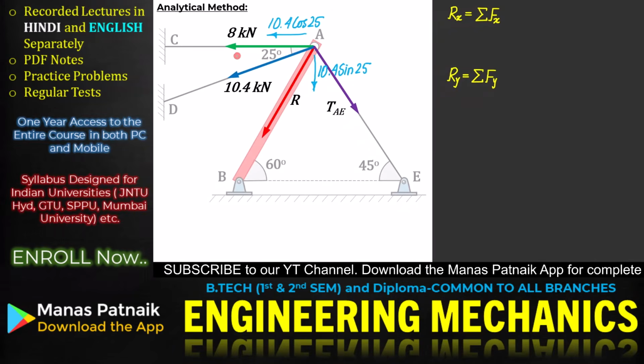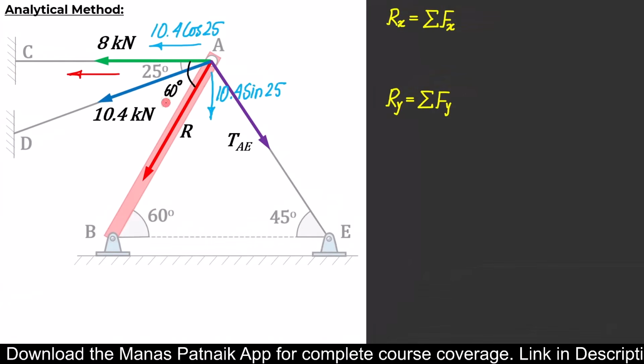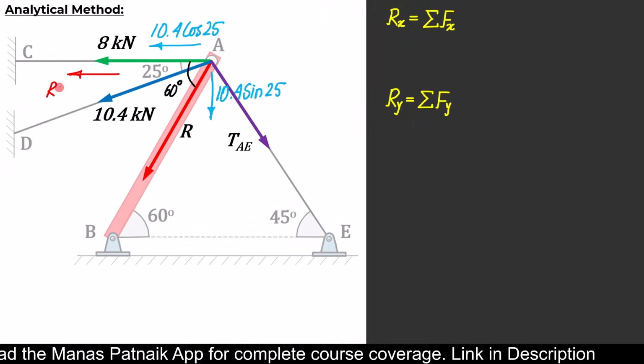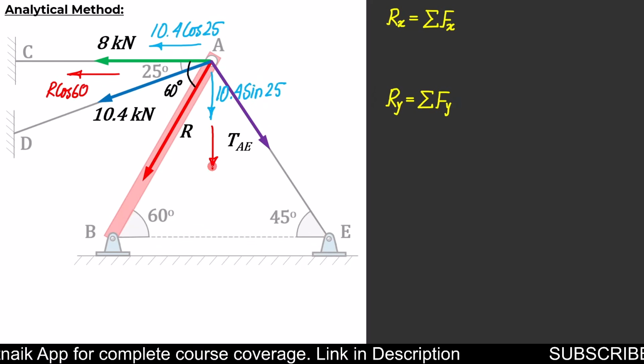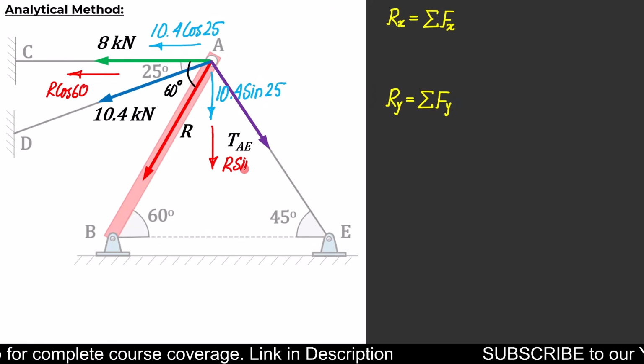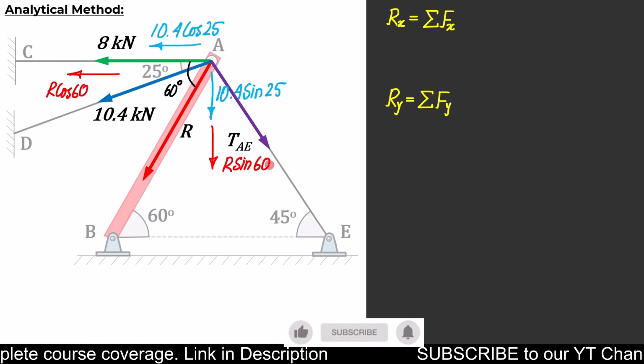If you watch, this R also can be resolved into components. This R will have two components. One will be over here, and let me mark. This is, by the way, 60 degrees. So one component is R cos 60, while the other component is R sine 60, right?